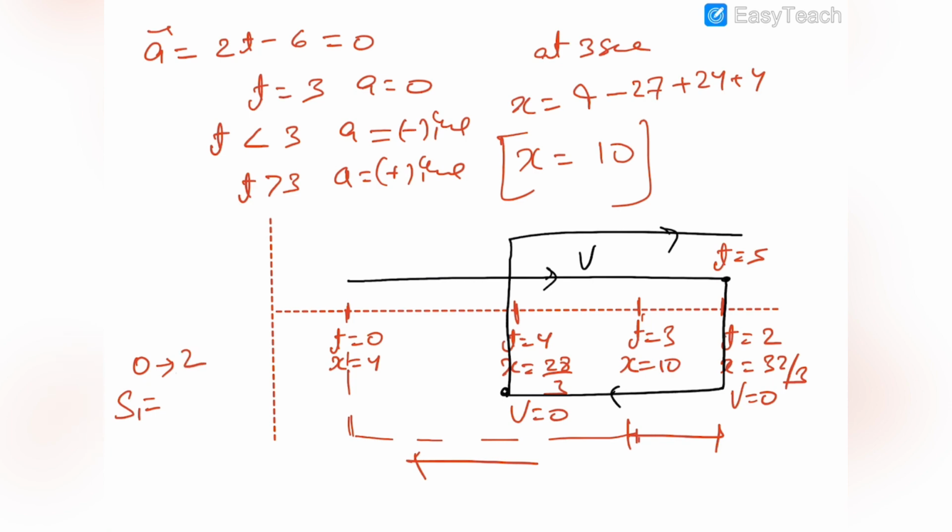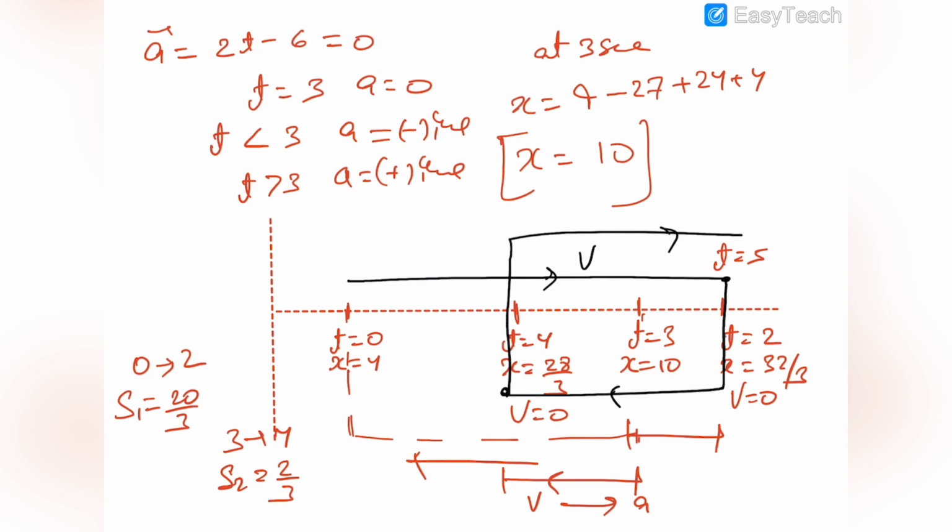Now when it moves in the backward direction, till 3 seconds this is an accelerated motion, and in the interval from 3 to 4 seconds the object is moving in the reverse direction but acceleration is in the forward direction. So this is also a retarded motion. From 3 to 4 the distance traveled is 10 minus 28 by 3, so it would be 2 by 3. S2 is equal to 2 by 3.